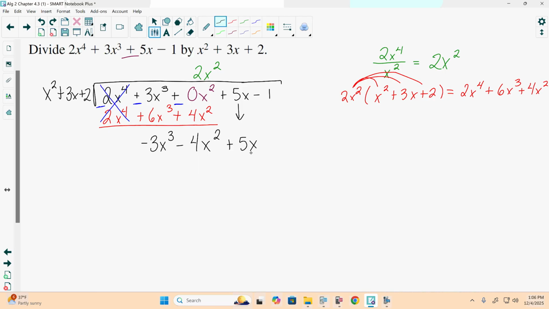Because we have three terms outside, so underneath that line, I need how many terms? 3, yes? If it happened that the x cubed term became 0, I can get rid of it. Well, now I only have 2, so that means I have to bring the other one down. We have 0 for that.